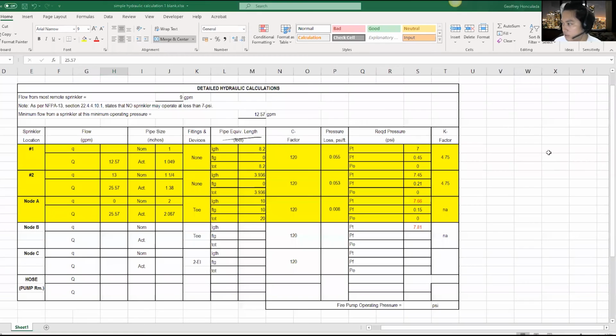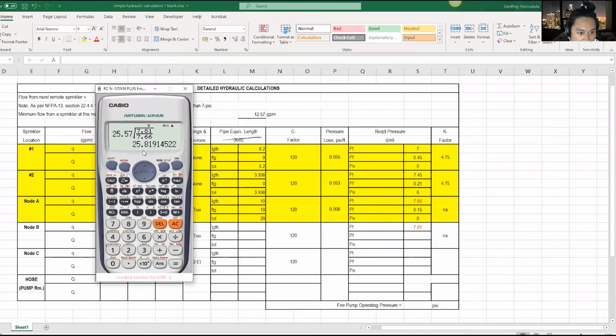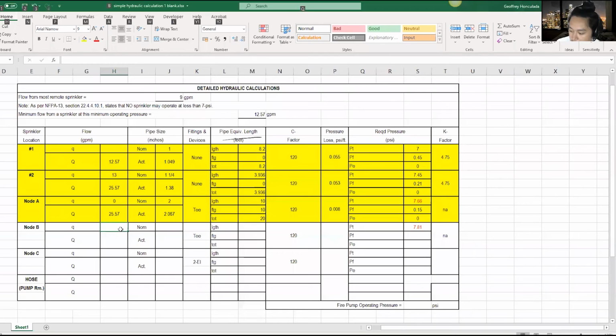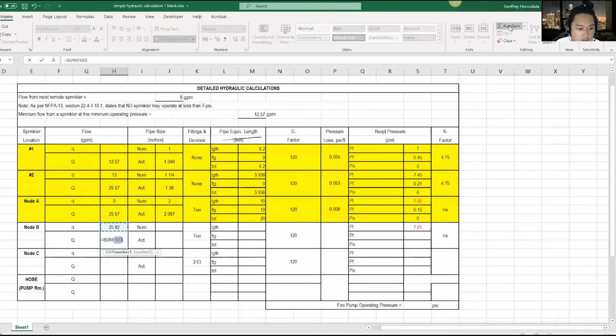So the answer is 25.82. How many decimal places is that again? So that's 25.82. The total Q here is just the summation. Let me do the sum. H18 to H20.